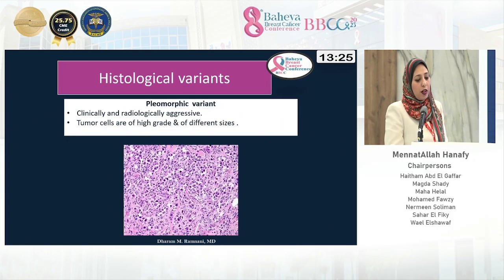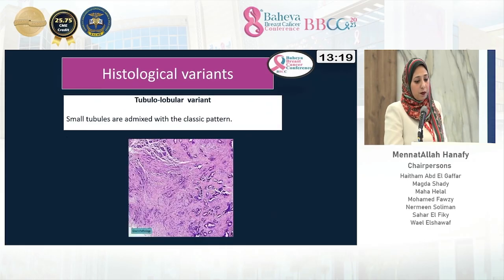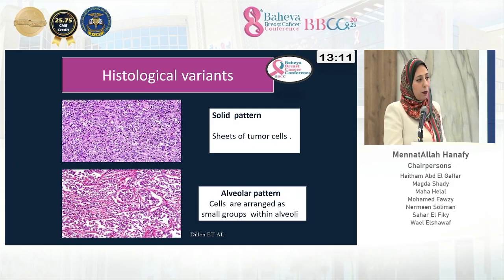The pleomorphic variant is clinically and radiologically aggressive, where tumor cells are high grade and of different sizes. The tubulolobular variant is arranged as small tubules or admixed with the classic pattern. The solid pattern is formed of sheets of tumor cells, while in the alveolar pattern cells are arranged as small groups within alveoli.